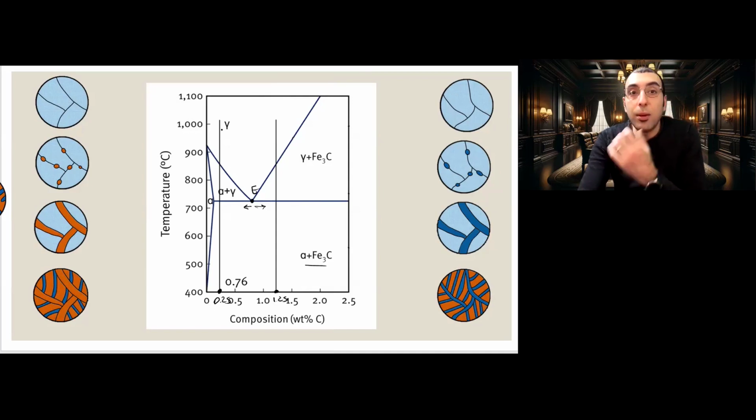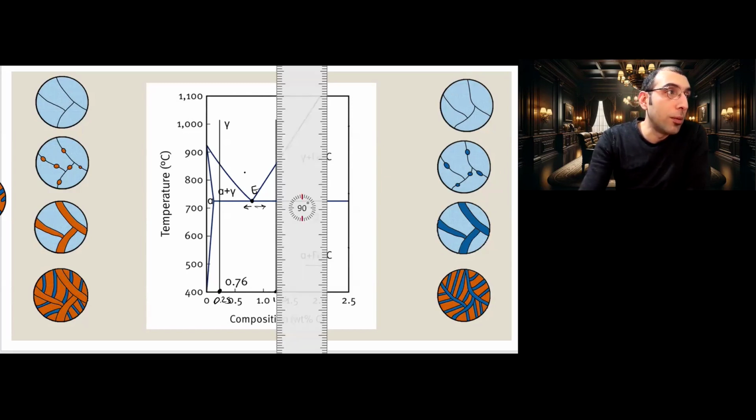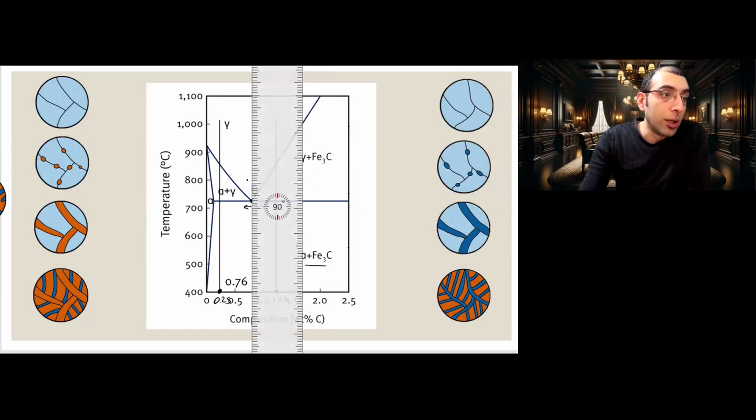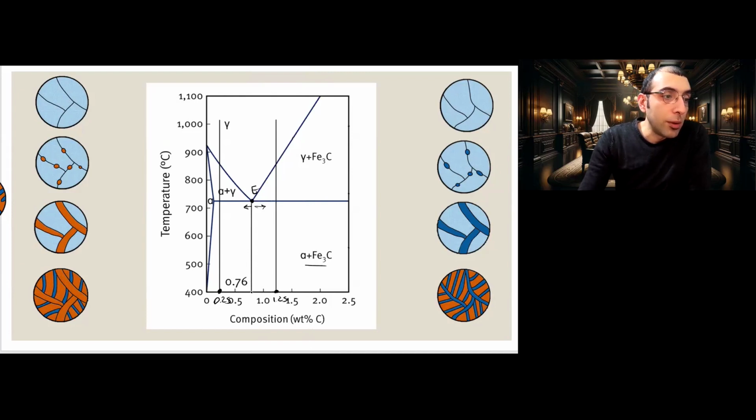Therefore, it's a hypo-eutectoid alloy. And this one with 1.25% of carbon has more carbon than this point. So the carbon at eutectoid point, that's how you know it. So this is the carbon composition of our eutectoid point. Everything with more carbon composition is hyper-eutectoid. Anything with less carbon composition is hypo. So it's hypo and that's hyper.